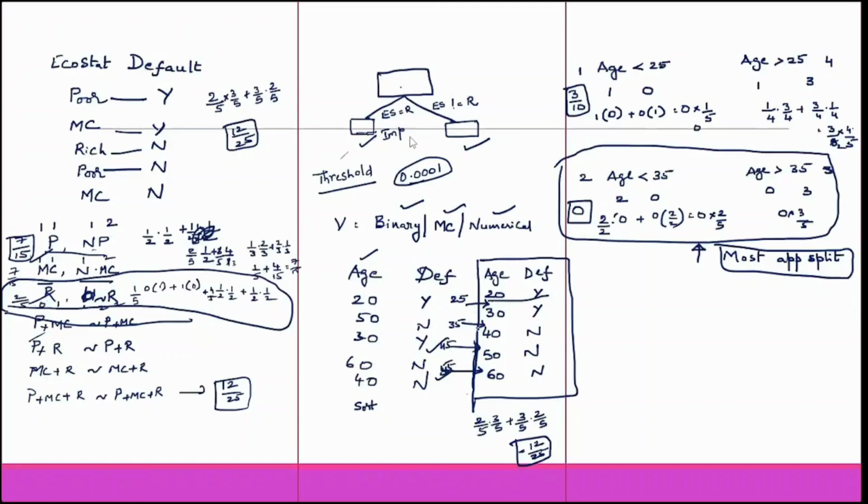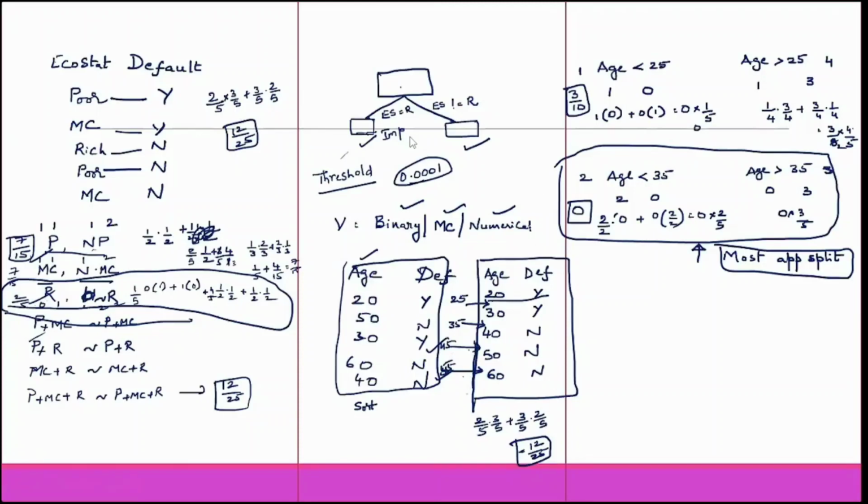So after I arranged this whole table in ascending order of the age, between every age I am taking a midpoint value.